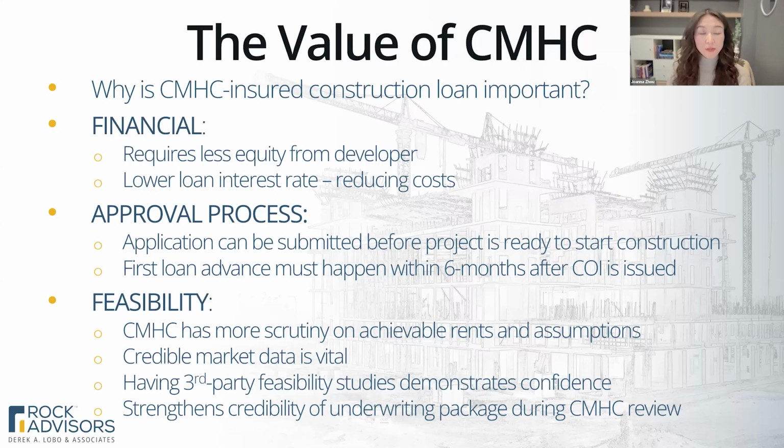Also, with a CMHC insured loan, the construction loan interest rate is usually a bit lower than a conventional construction loan. And the most important thing is the equity required, because higher leverage means developers require less equity to start construction. Those are the three points which attract every developer to this program.